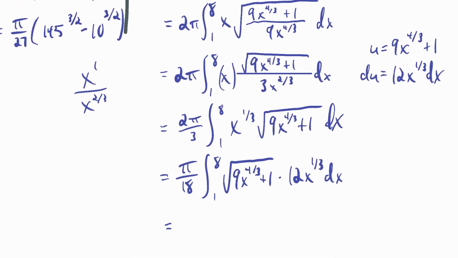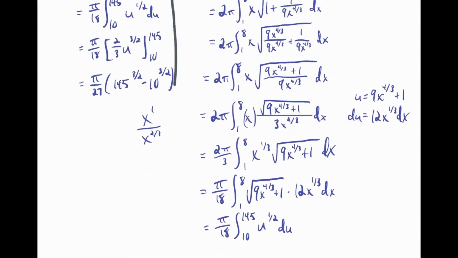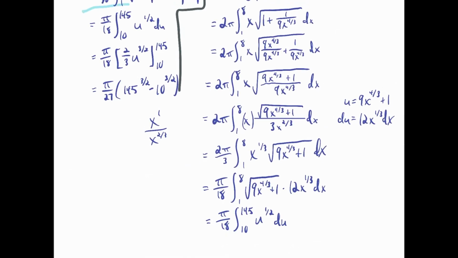So this is pi over 18 times integral from 10 to 145 of u to the 1/2 power du. Where do I remember that from? Yeah, that's the same thing, right?